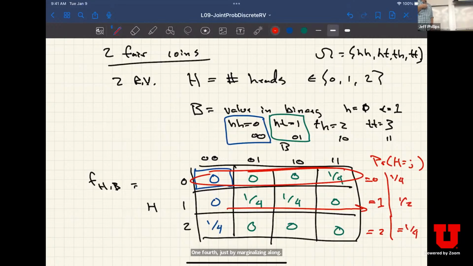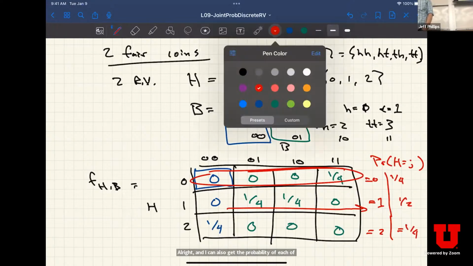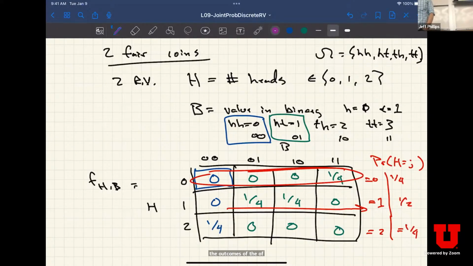All right, and I can also get the probability of each of the outcomes of the binary values. So this gives me f of h along here in this table.